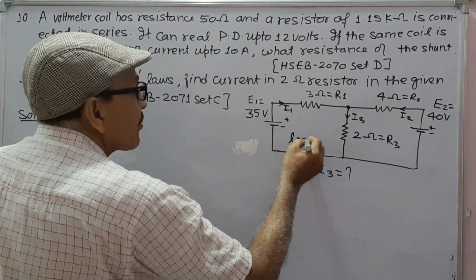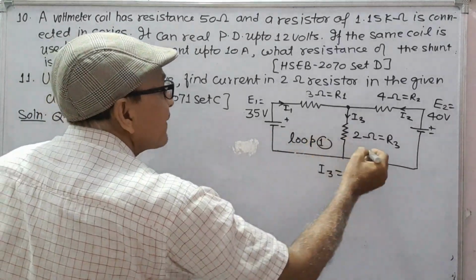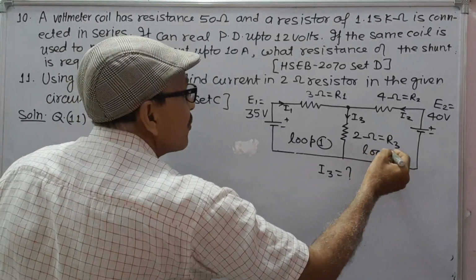Suppose this is closed loop 1 and this is closed loop 2.